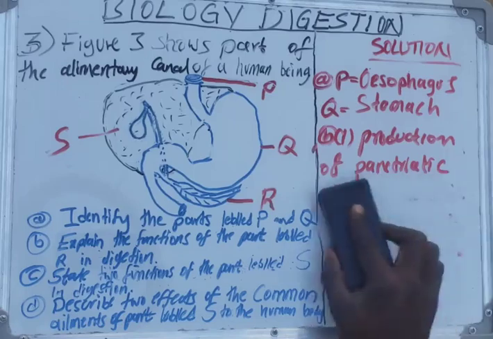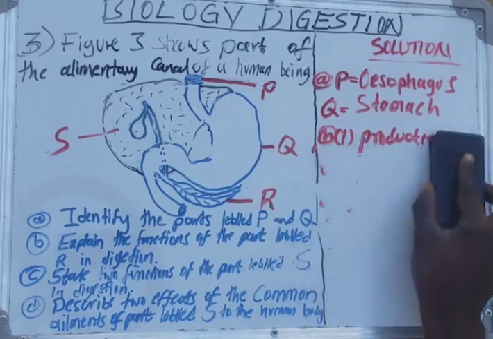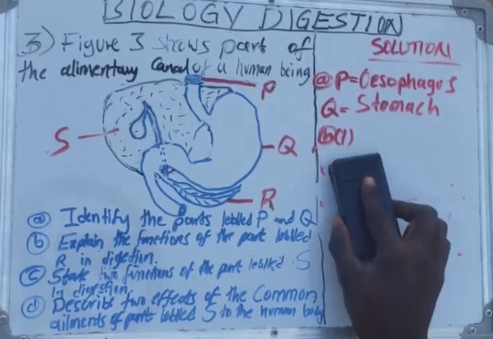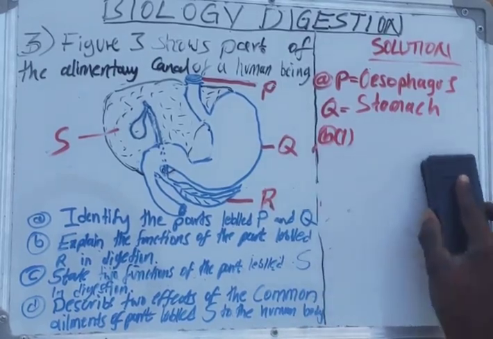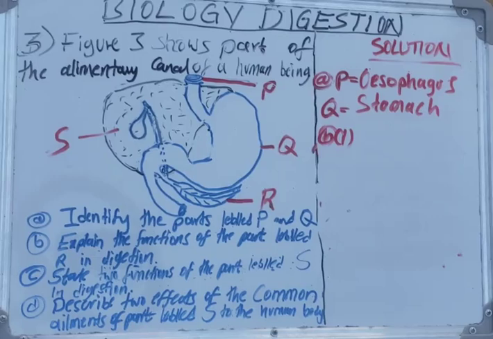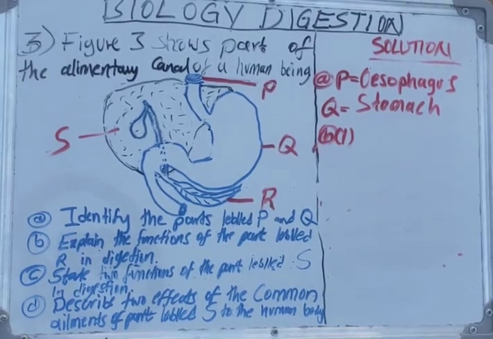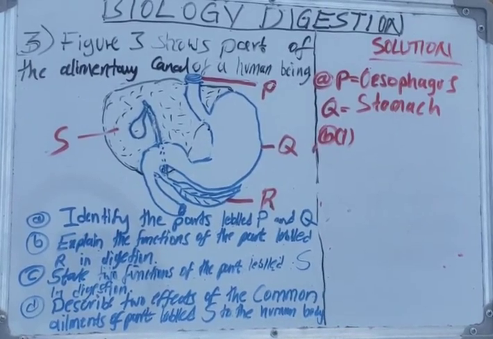What is the second function of this same part, the pancreas? Apart from producing pancreatic amylase, the pancreas also produces sodium hydrogen carbonate, or bicarbonate.